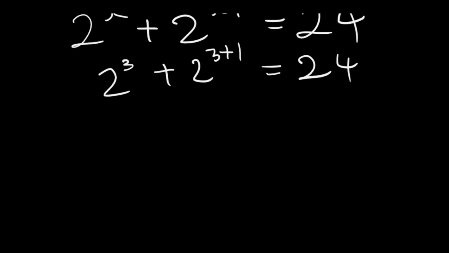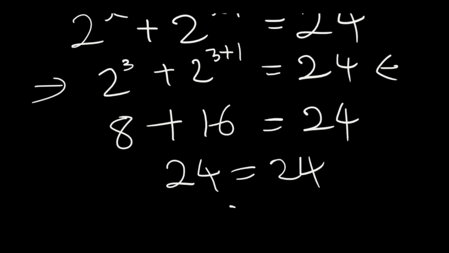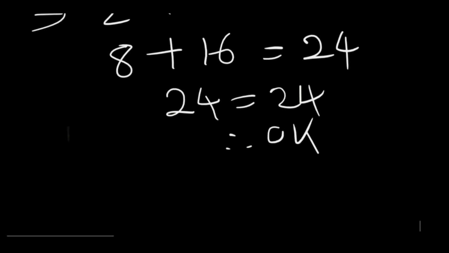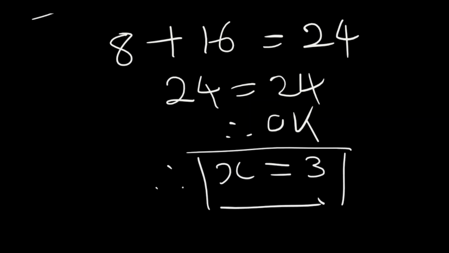If it's 24 on this side, then you must also get 24 on the other side. It's 8, because 2 to the power of 3 is 8, plus 2 to the power of 4 is 16, so it's equal to 24. If you add 8 plus 16, you get 24, so 24 is equal to 24. Which means your answer is correct. Therefore x is definitely equal to 3.